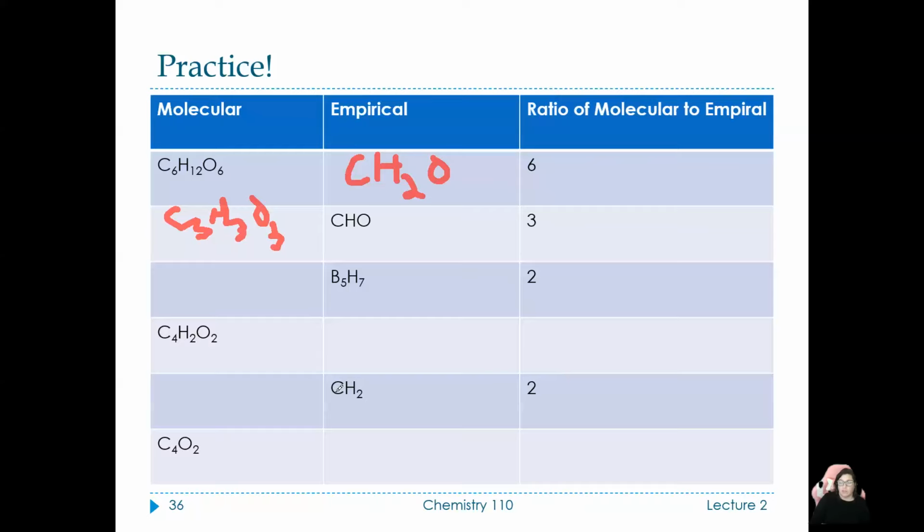If my empirical formula is CH2 and I have to multiply by 2, my molecular formula is C2H4. If I have C4O2 as my molecular formula, my empirical formula is going to be C2O. And that's going to be a 2 for the ratio as well. Okay? Awesome. Yay.